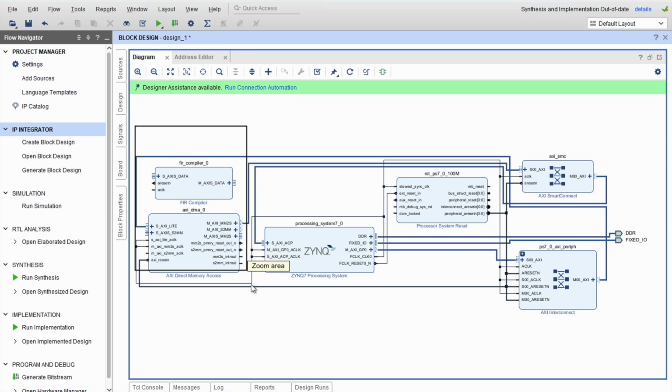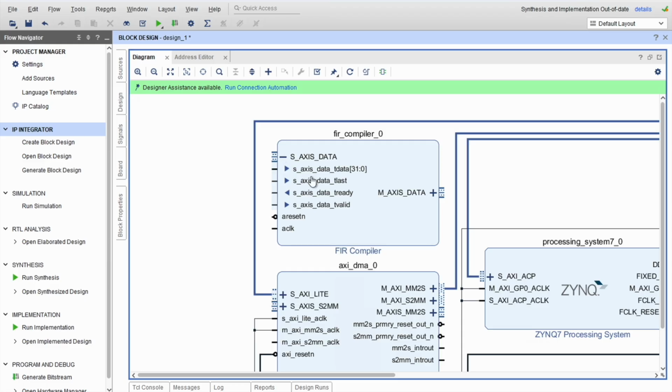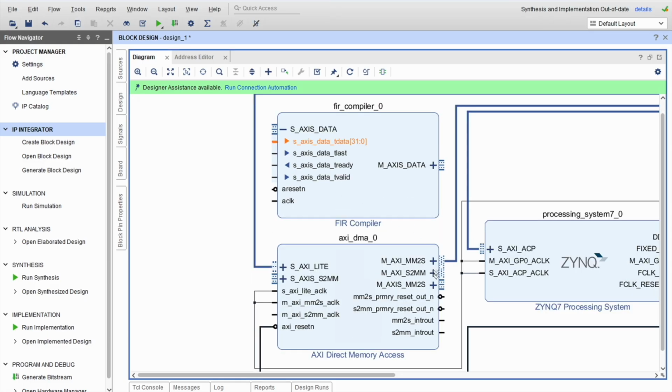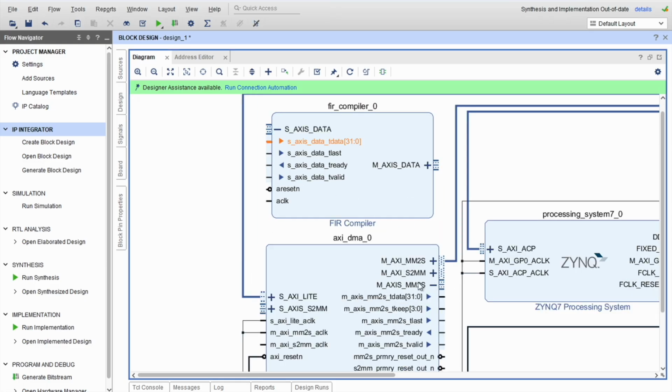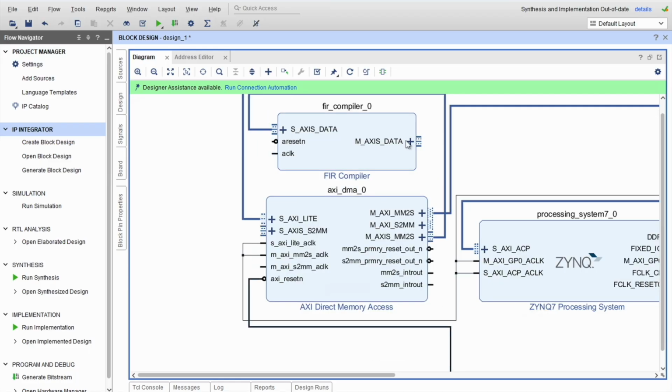Now let us look at the input and output interfaces. The input to the FIR compiler consists of 32 bits. Same goes for the M-axis, or the master interface memory map to stream of the DMA. Thus we connect it via the interface.